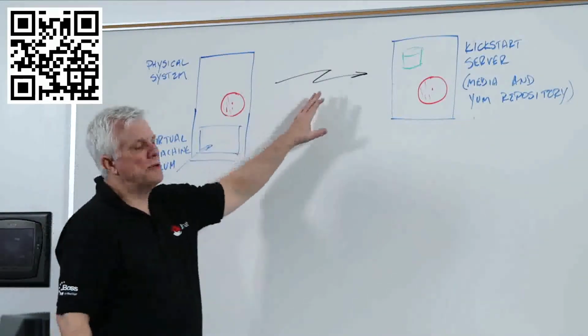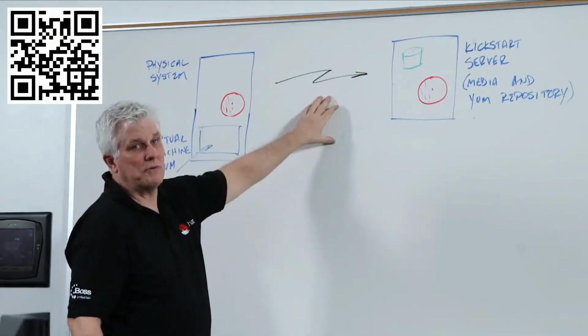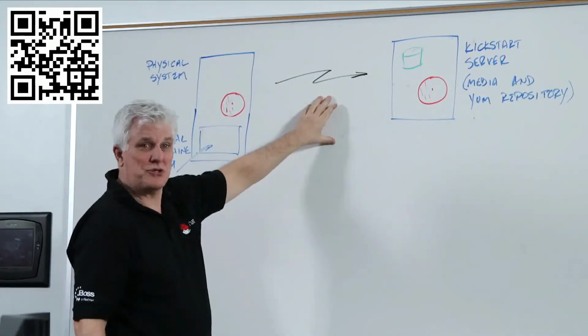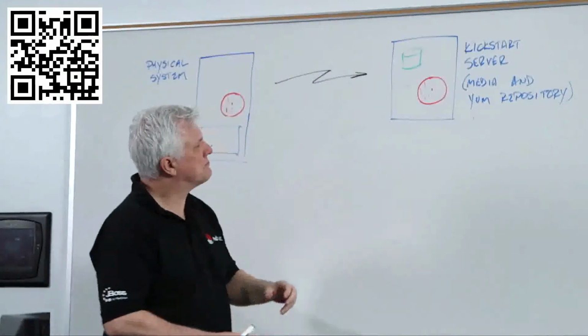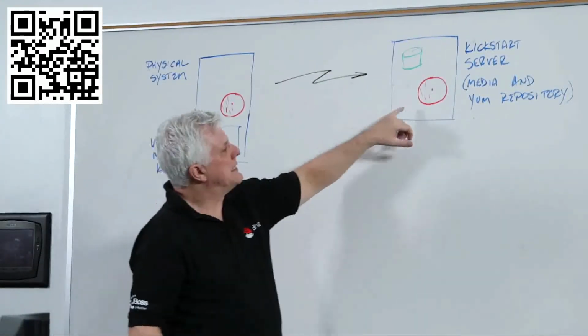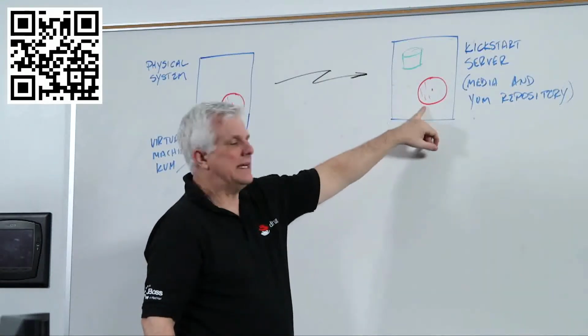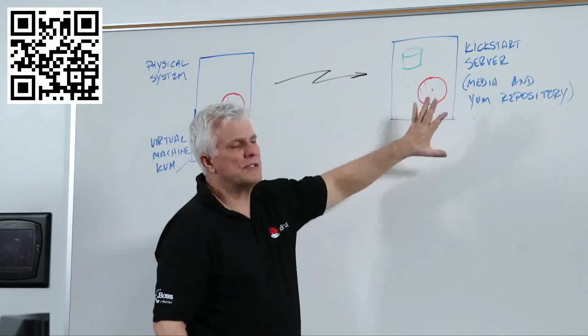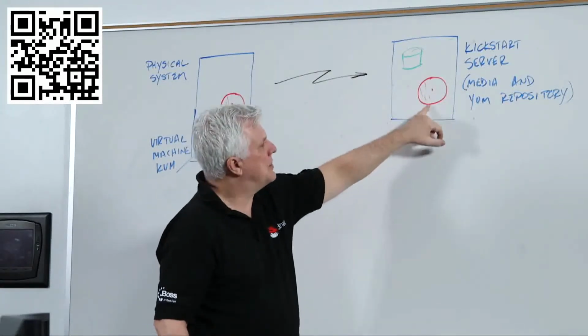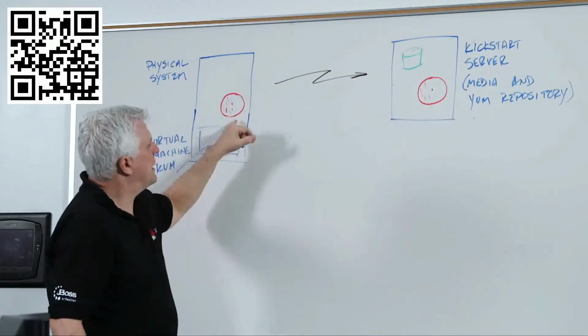But there's another way to do it. You can have what we basically call a network Kickstart server. And the idea of a Kickstart server is that if I take that same DVD and I share it using NFS or I share it using HTTP, we can use any sharing protocol. If I share that, then I can invoke that across the network.